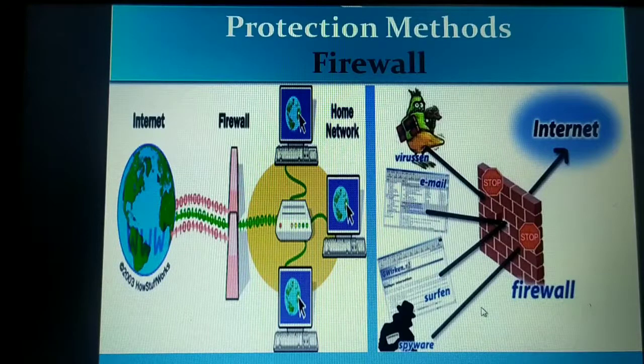A hacker uses certain tools to modify the source address in that packet header, to make the receiving computer think that the packet is from a genuine or trusted source, and so accept that packet and allow this firewall to transmit that packet to the other end of the internet. So this hacker makes use of a certain tool, and he is able to change the source IP address on that packet.